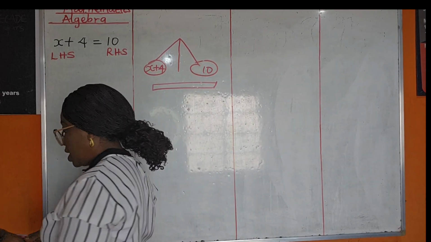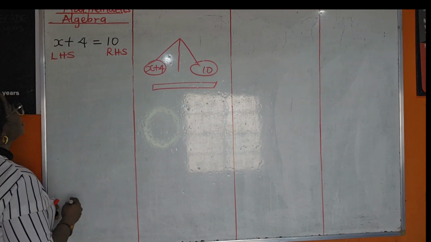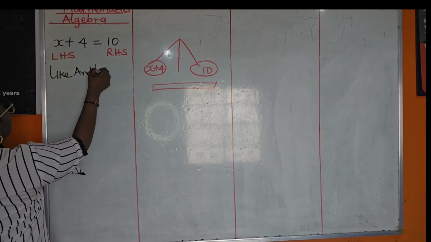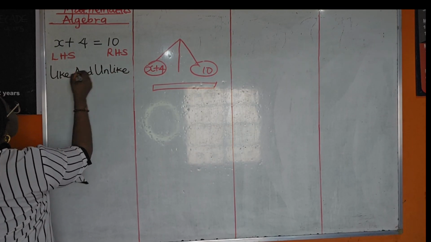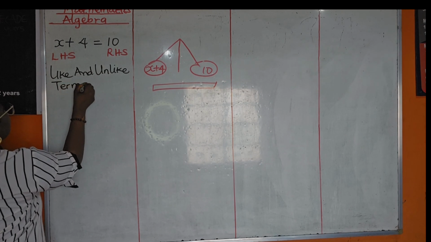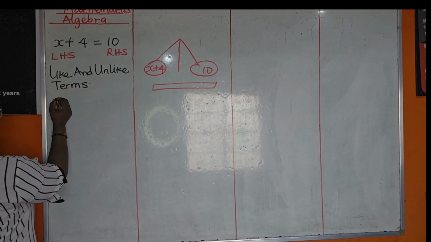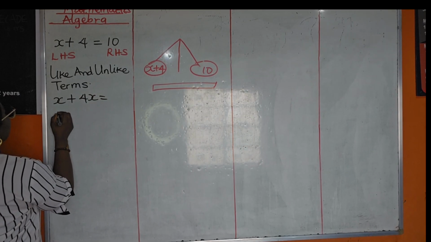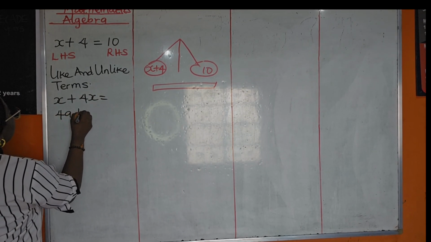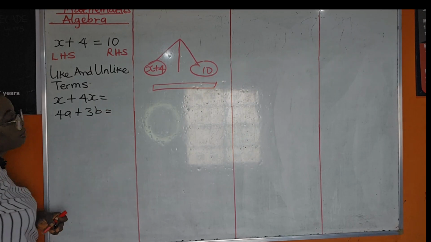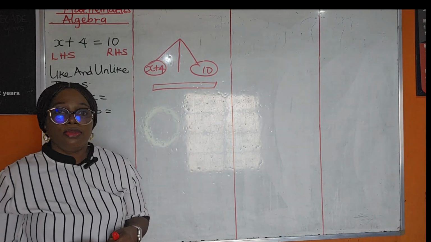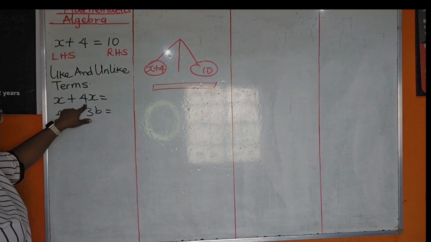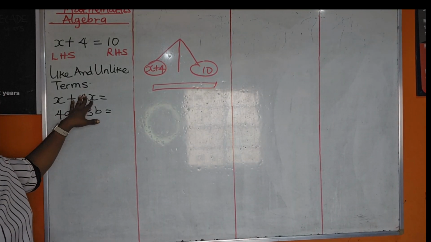Before then, we are going to be looking at like and unlike terms. When you say like and unlike terms, if you have something like this, x plus 4x, and you have something like 4a plus 3b, you realize that x and 4x are like terms.